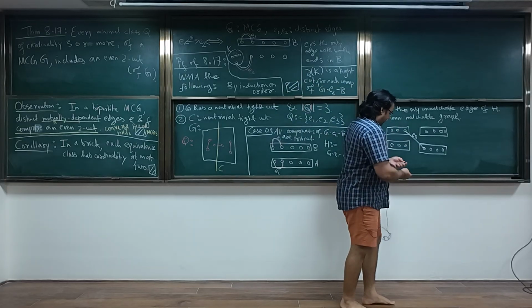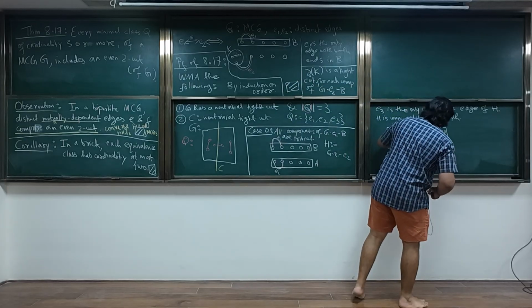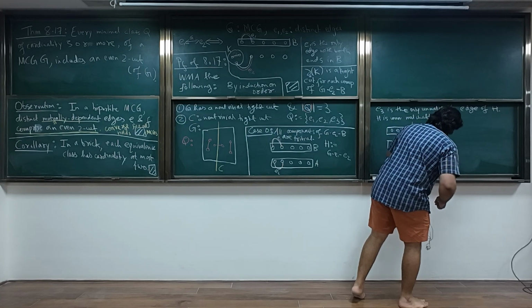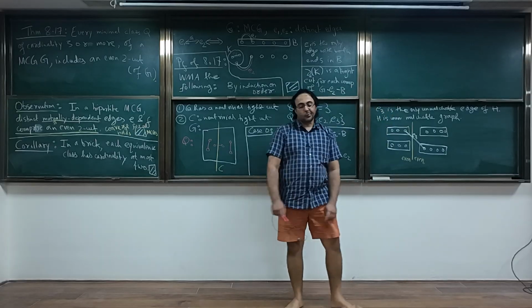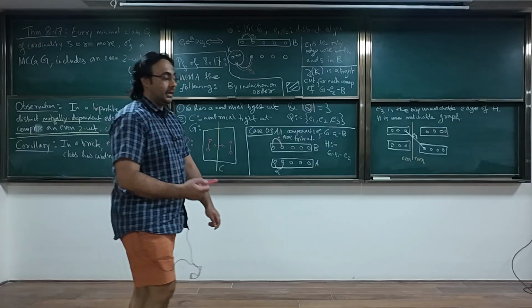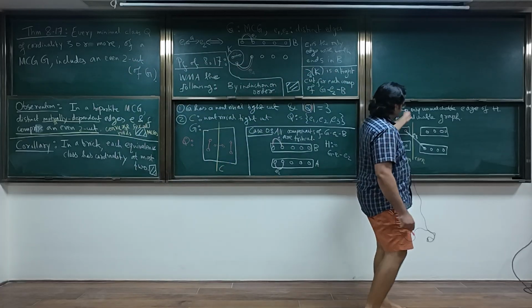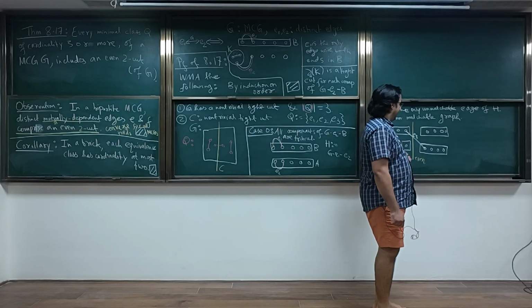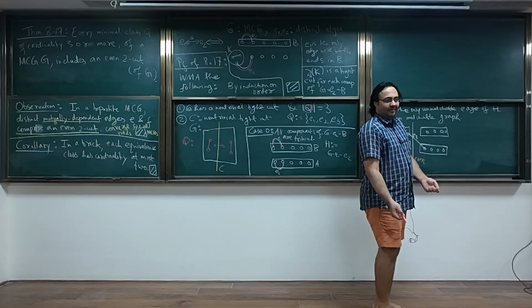There is an even number of vertices on the left side, even number on the right side. Therefore, every perfect matching in the original graph meets this cut in an even number of edges. Because I have only removed two edges, it has to be E3 and one of E1 and E2.